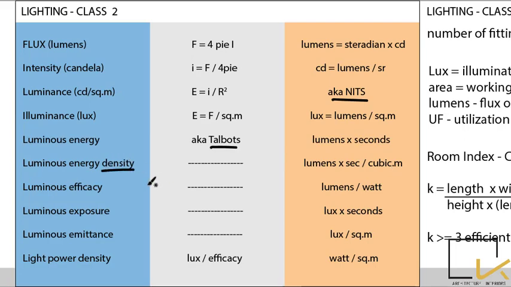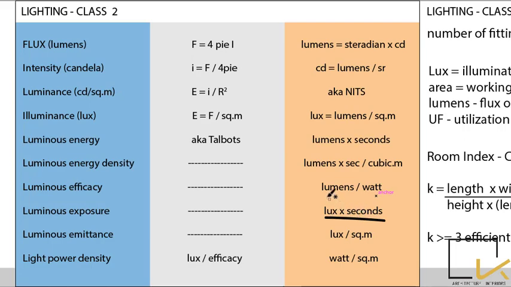Then we have luminous efficiency, that is lumens emitted per watt of power. We have 15 watt, 20 watt bulbs, no? So they will emit lumens, and the efficiency will be given by lumens emitted by the light source per watt of power. Then we have luminous exposure, which is lux into seconds.